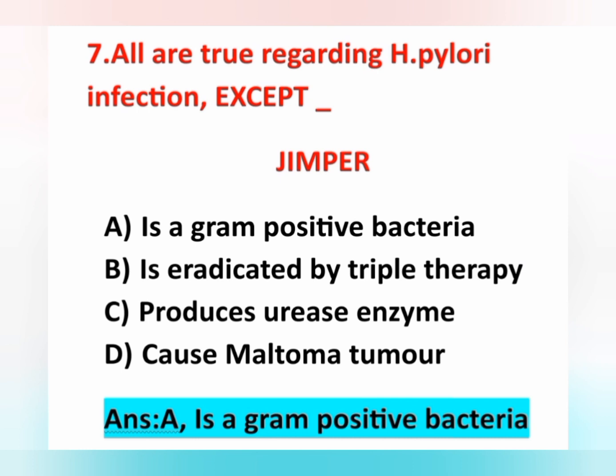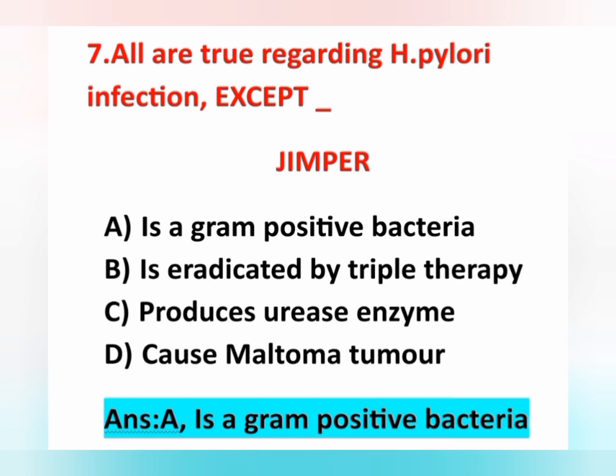So option A, is a gram positive bacteria, is the incorrect statement. The remaining options are true: H. pylori produces urease enzyme, and triple therapy is used to treat it. The triple therapy medications include a combination of metronidazole, amoxicillin and bismuth subsalicylate.